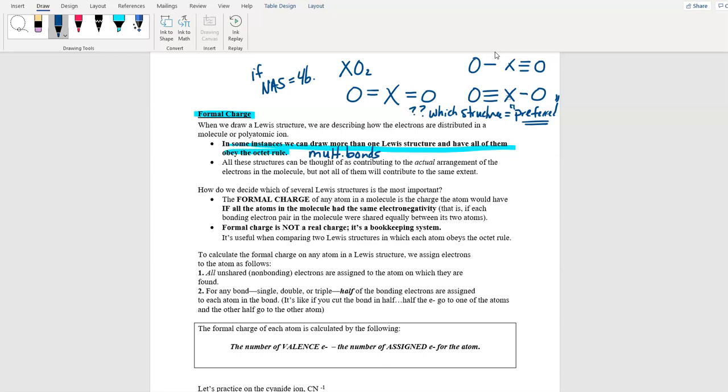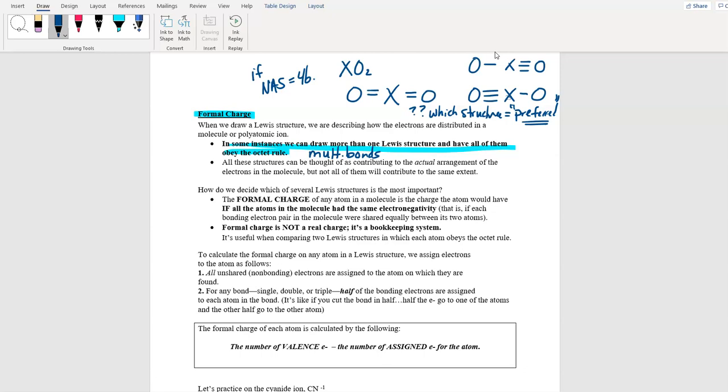So some important things we have to keep in mind. The formal charge of an atom in a molecule is the charge the atom would have if all the atoms in the molecule had the same electronegativity. This is in that wonderful world where everybody had the same electronegativity, everybody wanted the electrons the same, life is beautiful, everyone's the same.